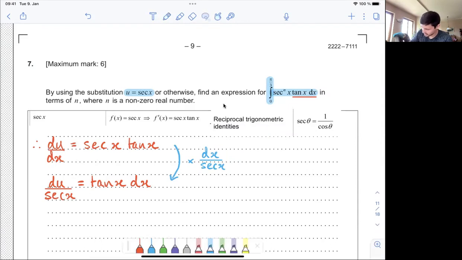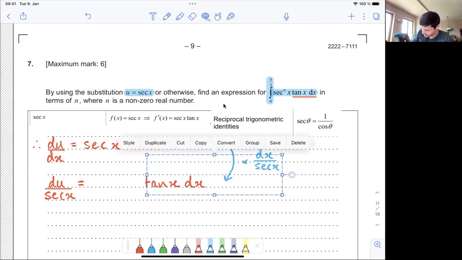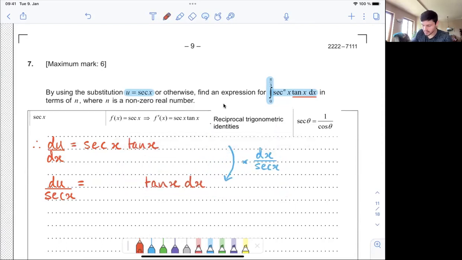I'm also going to make another adaptation here. We can recognize that du over sec x would just be the same as du over u. Or alternatively, you could call it 1 over u multiplied by du, which is effectively what we're going to end up using for our definite integral.